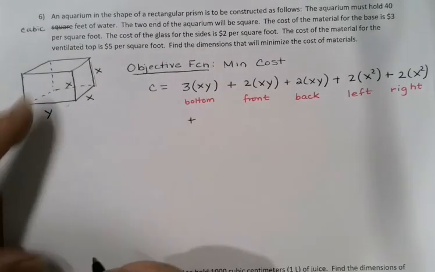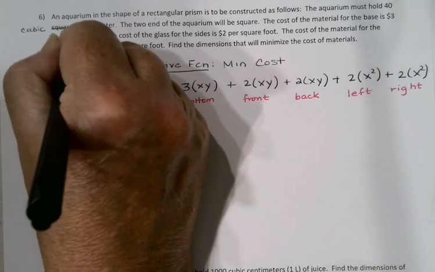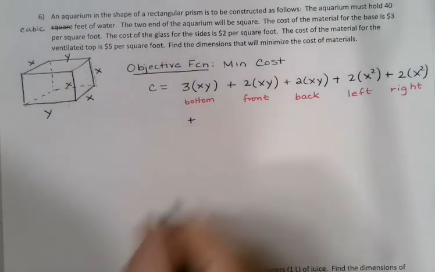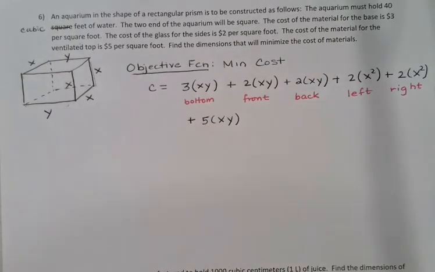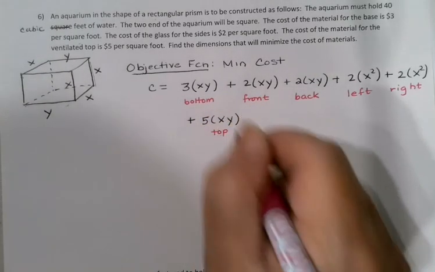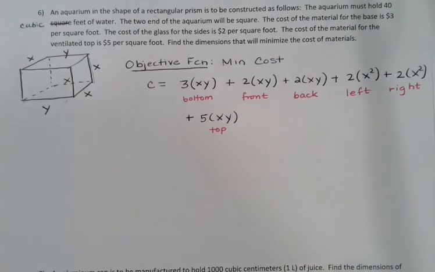Plus, I still haven't done the top. The top would be x by y, and it costs $5 a square foot. So 1, 2, 3, 4, 5, 6. I got all 6 sides of my aquarium, and their costs are all accounted for.